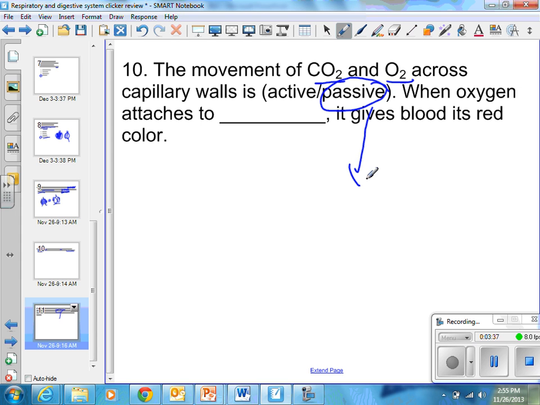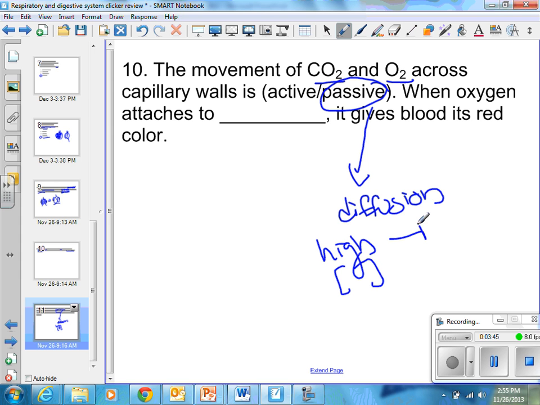It moves by diffusion. Okay, so they naturally will move from a high concentration towards a lower concentration. When oxygen attaches to hemoglobin, it gives blood its red color.